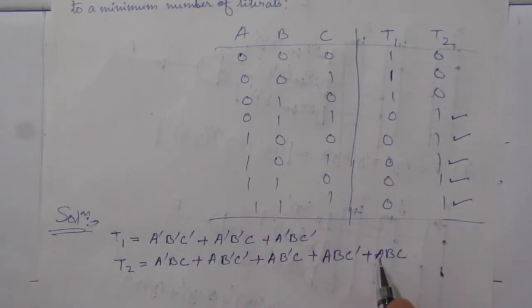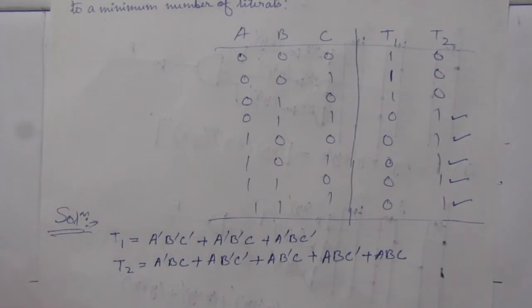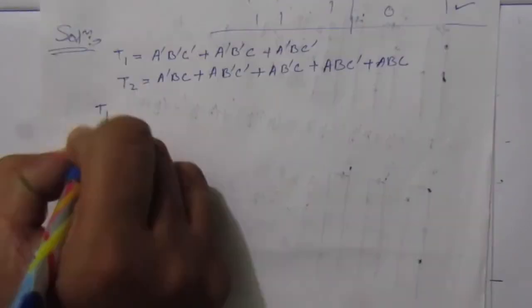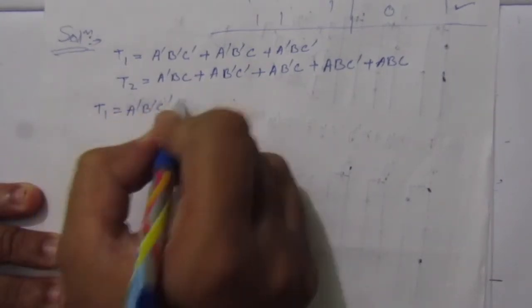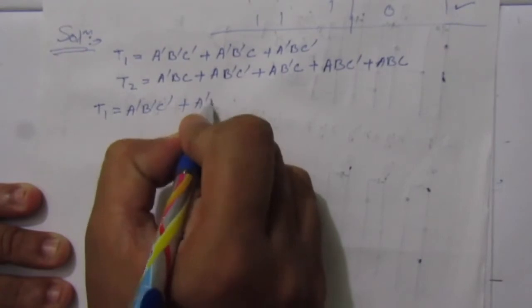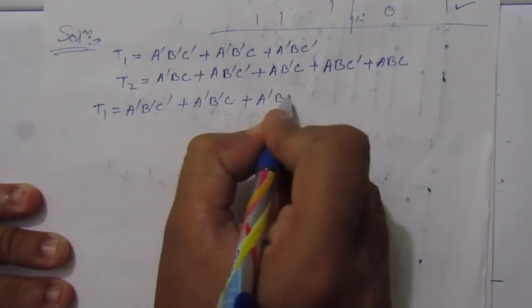Now the first part of the problem is complete. Then we have to minimize these Boolean functions T1 and T2 to a minimum number of literals. T1 equals A bar, B bar, C bar plus A bar, B bar, C plus A bar, B, C bar.